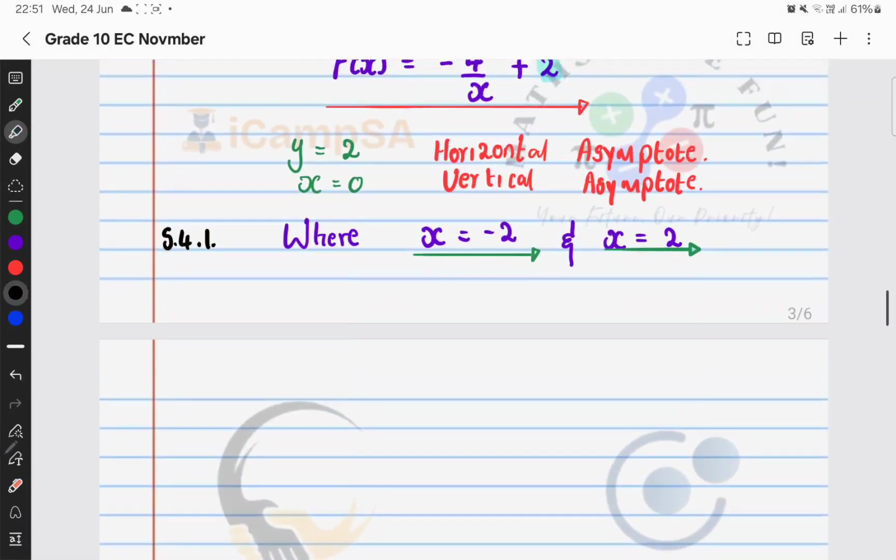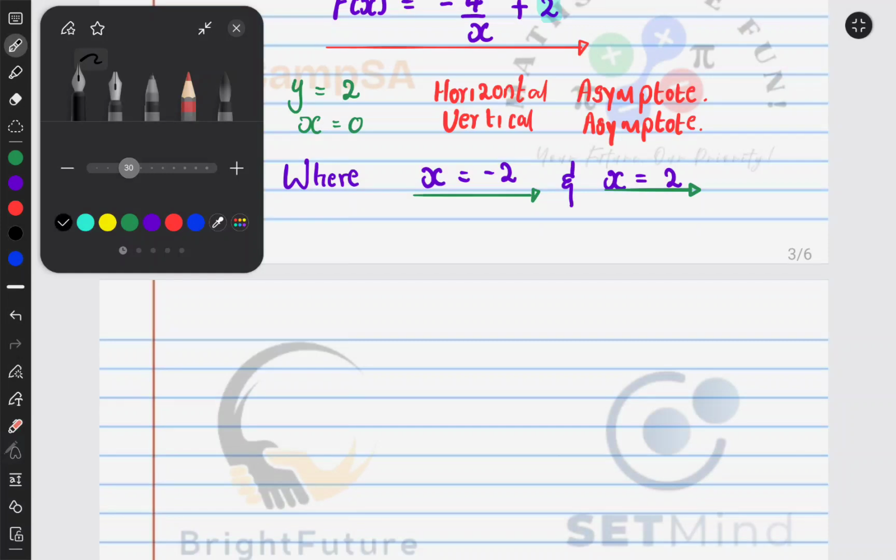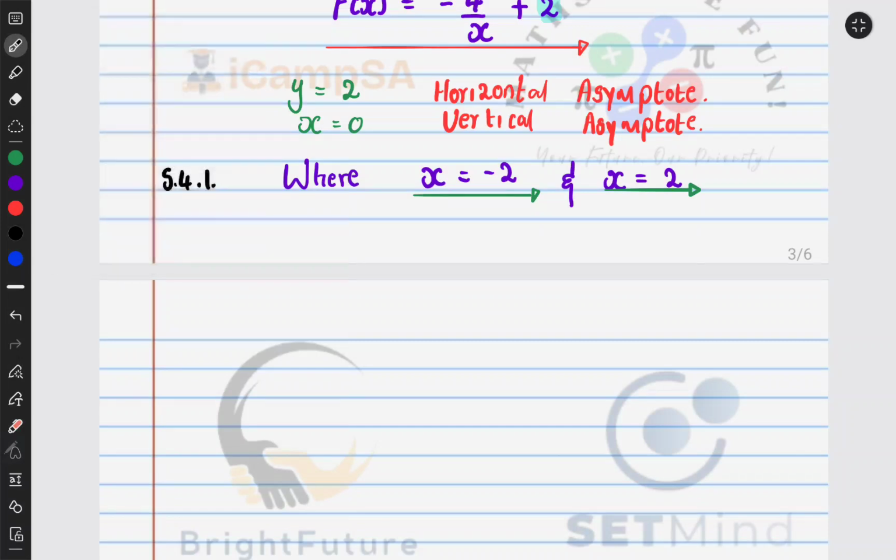For 5.4.2, saying where x is greater or equal to -2, but x is less than 0.